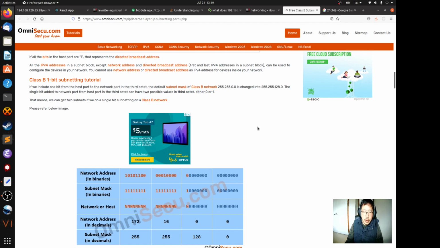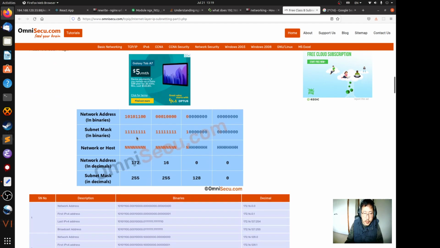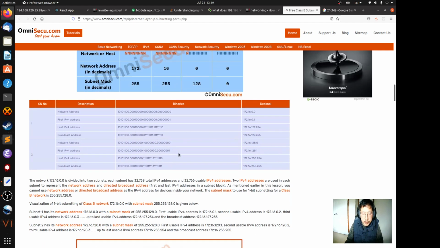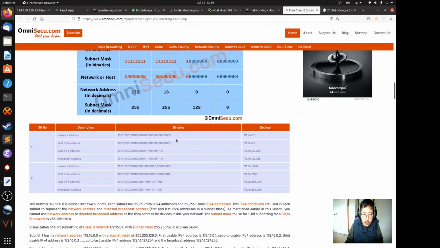Can you guess what will happen? You will borrow one bit from the host portion for the network portion. So how many subnets are possible? 2, right? Same thing as class A.